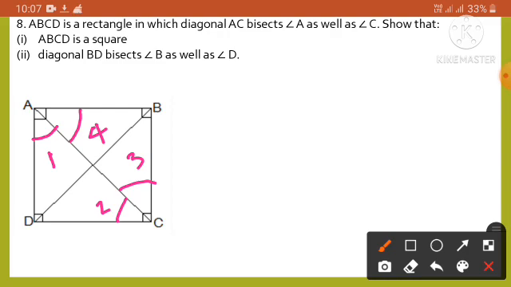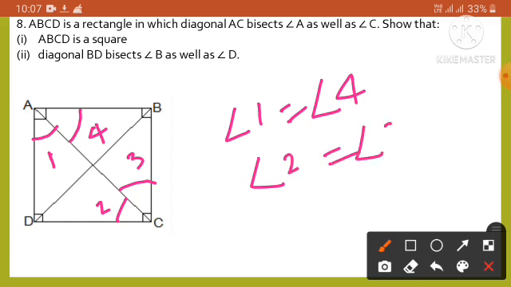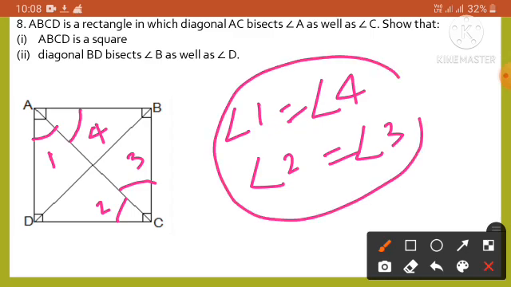Now we have rectangle ABCD such that AC bisects angle A as well as angle C here. So angle 1 equals angle 4 and angle 2 equals angle 3, that means angle DAC equals angle BAC and angle DCA equals angle BCA, already given in the question.